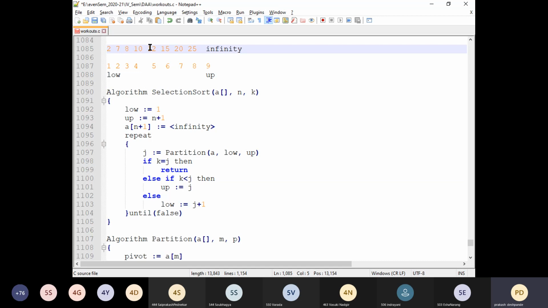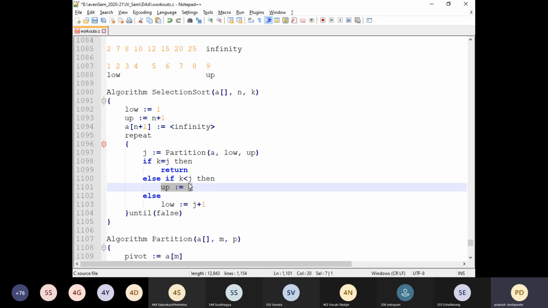For example, for some kth position, we get this particular set, and if this is the required value, then we need to look only at these values. We need not look at the right-hand side. In such a case, we update our up value to the partitioned value, as up equals j.